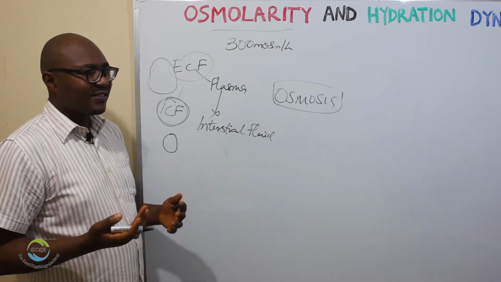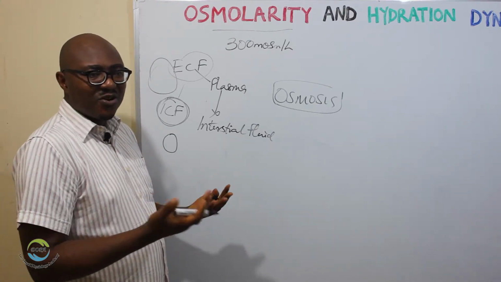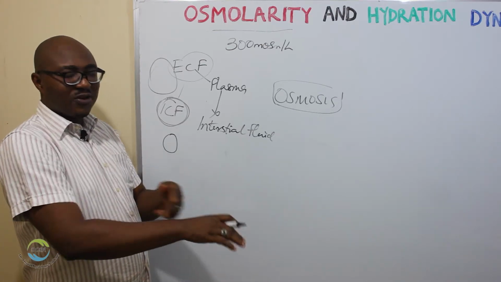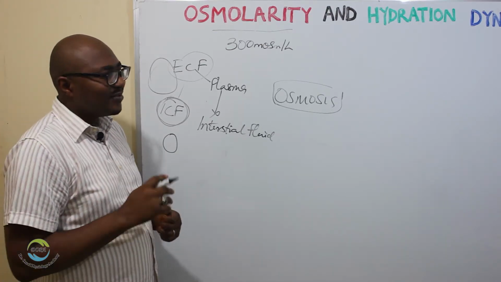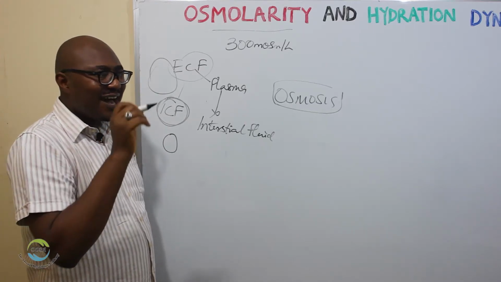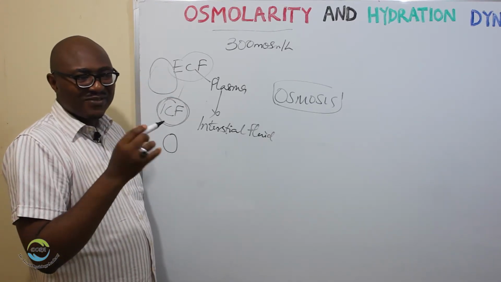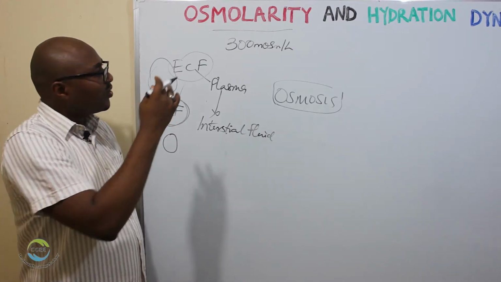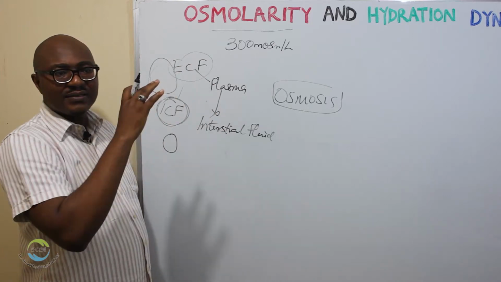A lot of patients are connected to an infusion. They call it a drip. But that drip contains something. Understand? And what it contains, what you are giving to that person, is based on an understanding of these things.